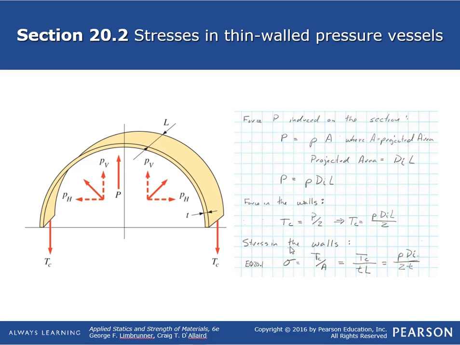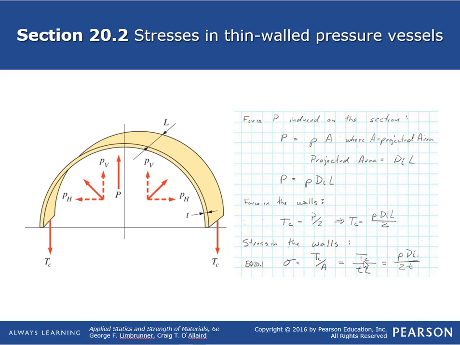Now, that stress in the wall becomes T_C divided by A. That's T_C divided by t times L. If I substitute this equation for T_C in this equation, I get equation 20.1: the circumferential stress in the pressure vessel is the pressure times the diameter, divided by 2 times the wall thickness.